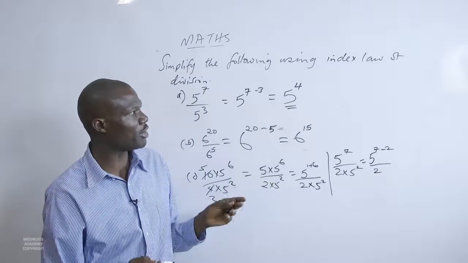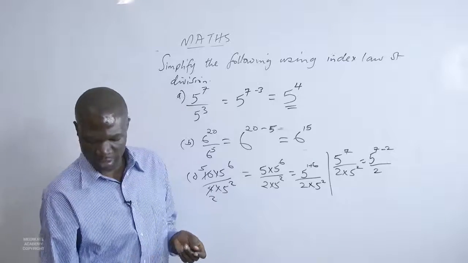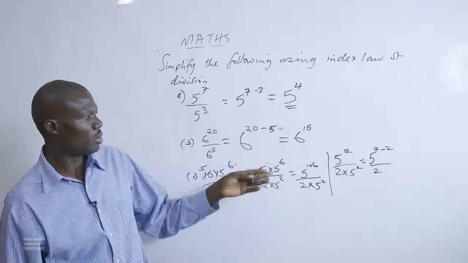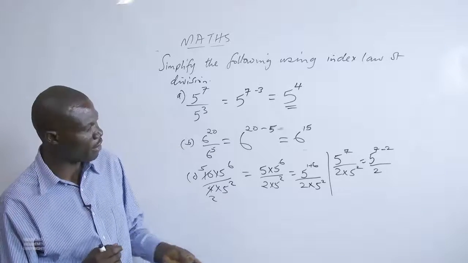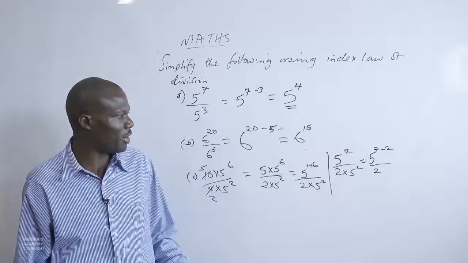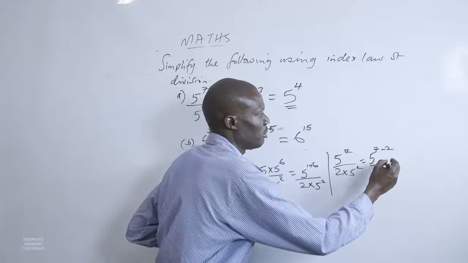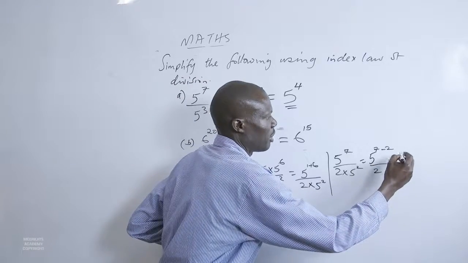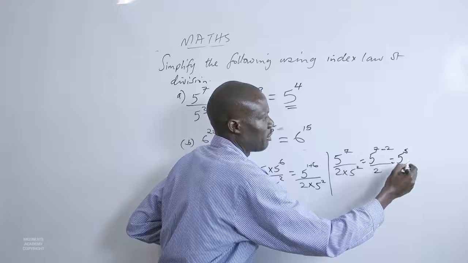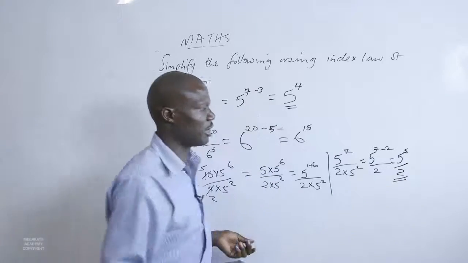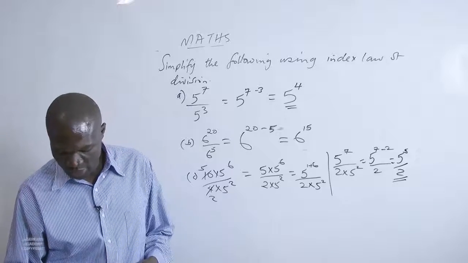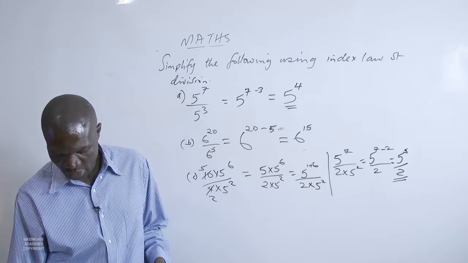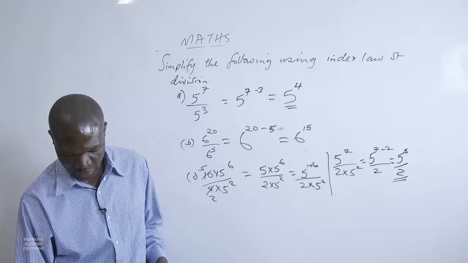So 5 raised to 7 minus 2 will give us 5 raised to power 5. And then down we are remaining with only 2. So this one will become 5 power 5 over 2, 5 raised to power 5 divided by 2. That is what we get when we are dividing.